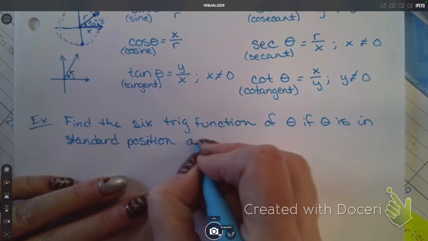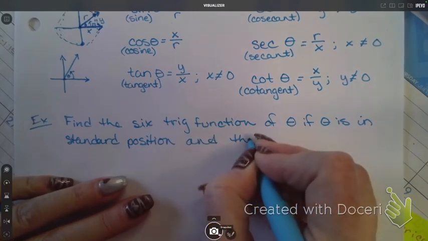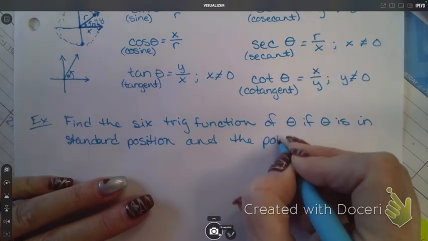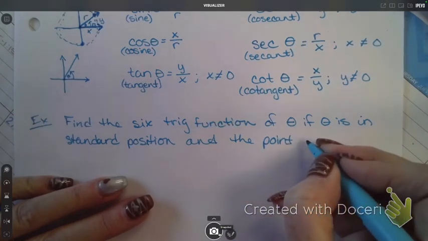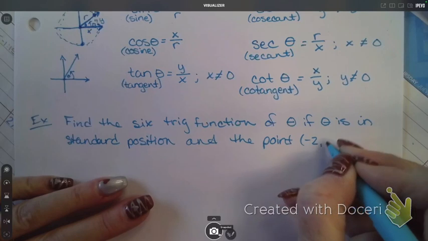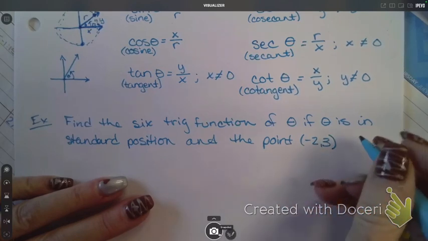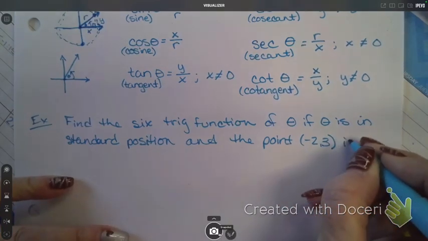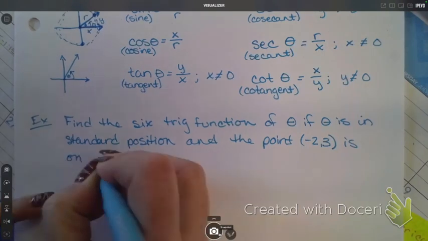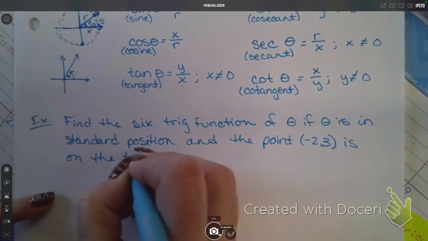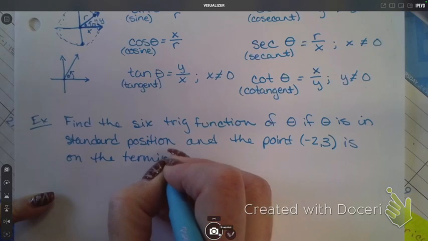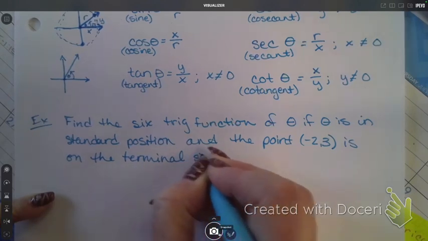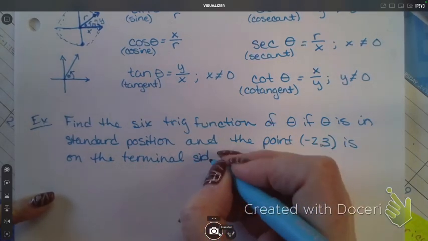And the point -2, 3 is on the terminal side of theta.